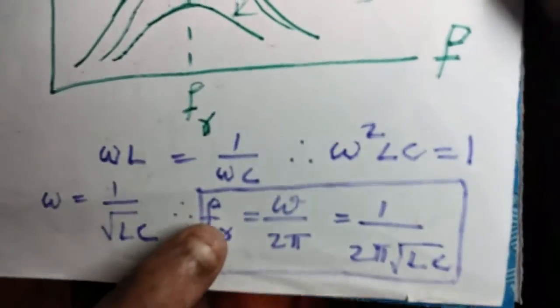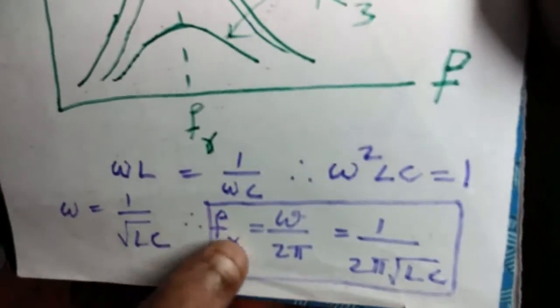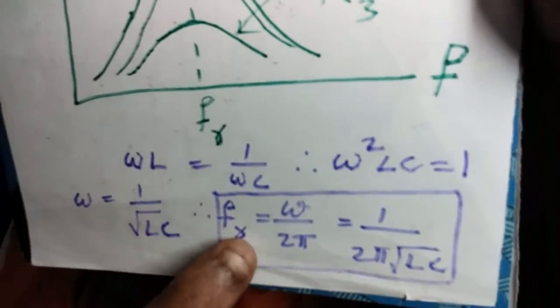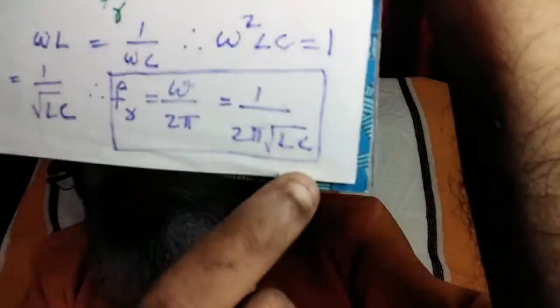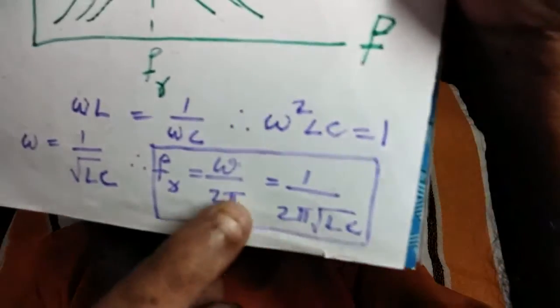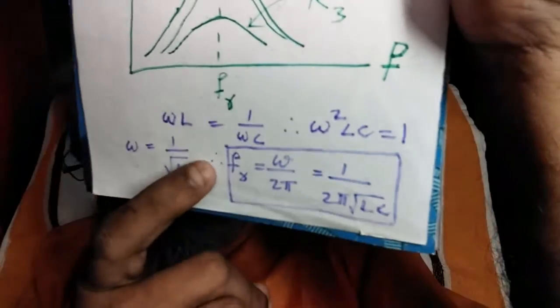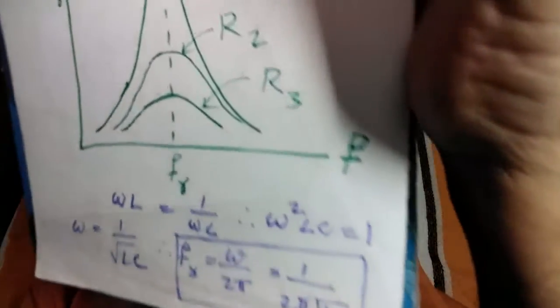We denote it by the letter f_R, called resonant frequency, equals omega by 2 pi, that is 1 by 2 pi root of LC. That means an AC of this frequency produces maximum current in this circuit.